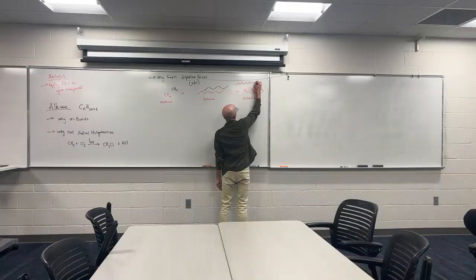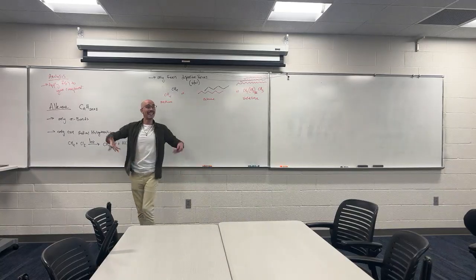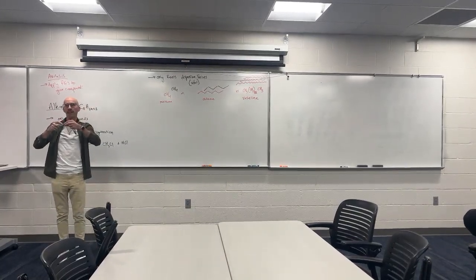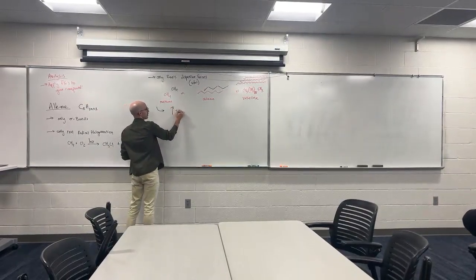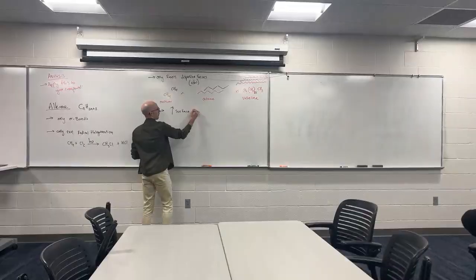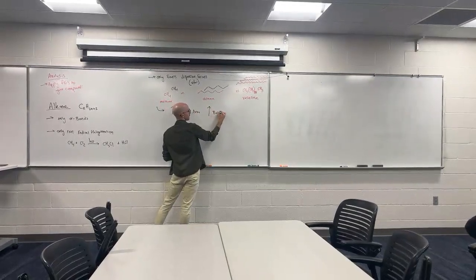It just gets really long. And then you put all those molecules next to each other, and you have increased interactions. So the idea here is that with increased surface area, you have an increased boiling point and melting point.